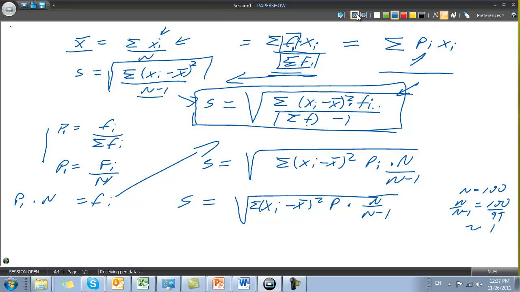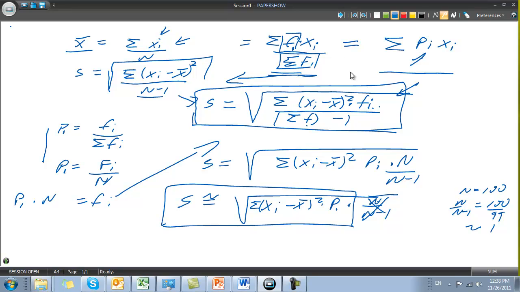For large n, you'll find that this portion is not necessary. So you can say S is approximately equal to just simply that part of the equation: the square root of the sum of the deviation squared times the probability of getting those particular responses. It's a shorthand method of calculating our sample standard deviation. I'm going to go back into Excel, show you how we can use this for some data.